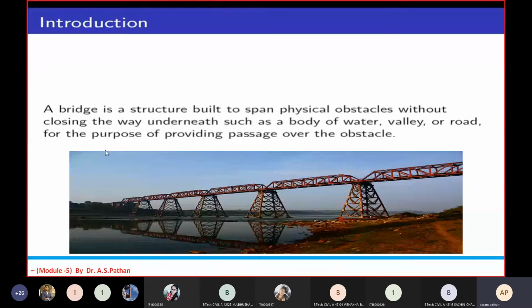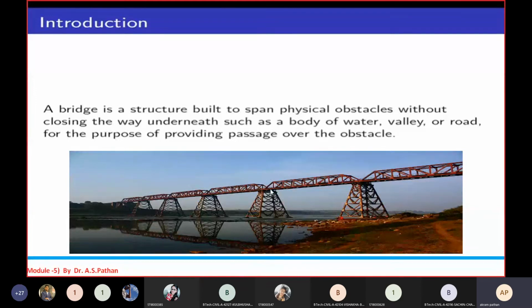As far as bridges are concerned, we have different component parts. First one is the substructure. Then we have the superstructure. Whatever foundations we construct for the bridge, and whatever piers we construct, that is known as the substructure.